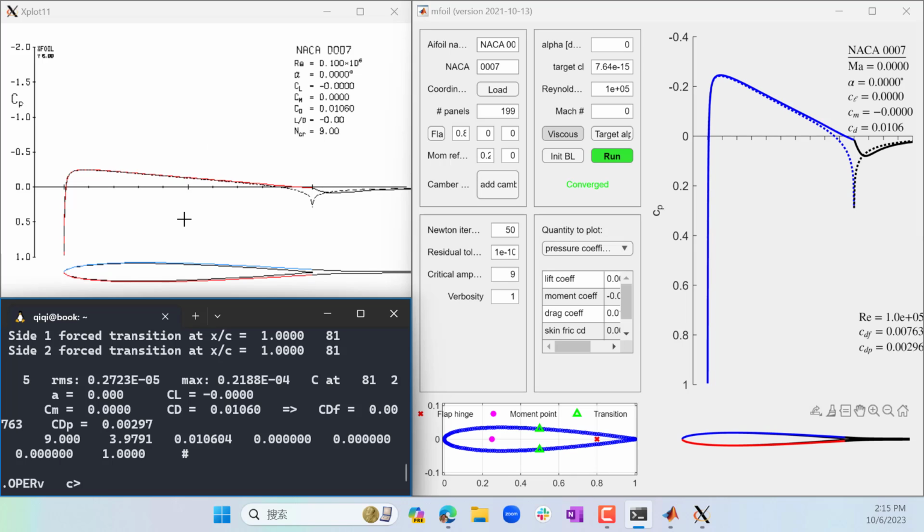Now we know these two numbers, rho and mu. The remaining two numbers that determine Reynolds number are the chord length and flow velocity. If the Reynolds number is 10 to the 5, the density is 1, and the viscosity is 10 to the minus 5, what is the product of velocity and chord length?